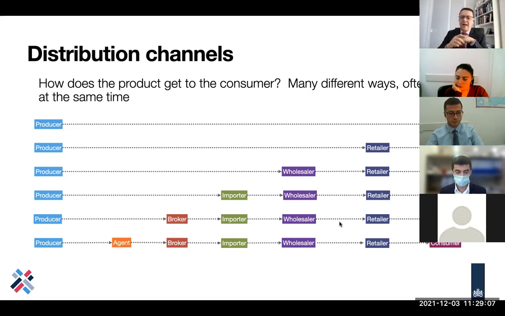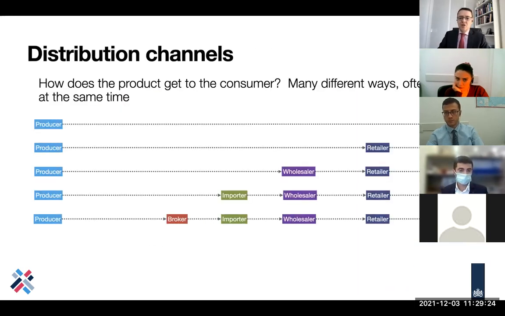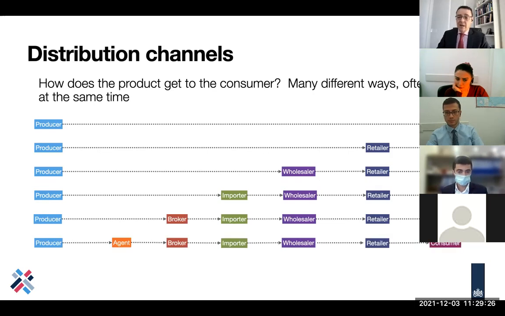So what I am trying to say is that distribution channels have the complexity that they require. In other words, distribution channels do not exist just for the sake of it.